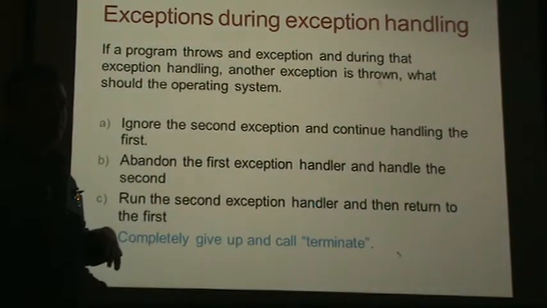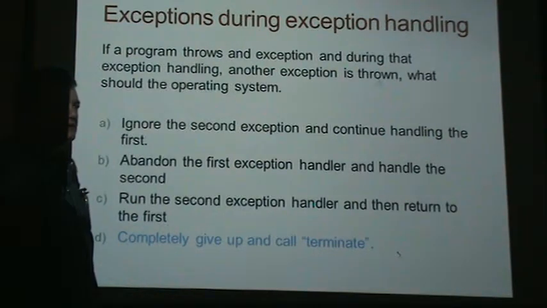Well, is the second exception triggered by the first exception? The first exception needs the second exception. If the second exception is part of the first exception, then you need to handle the second exception so you can handle the first. The second exception is handling the problem that the first one had. So if the second one can recover, then you go on. If it's a mission critical system, definitely.